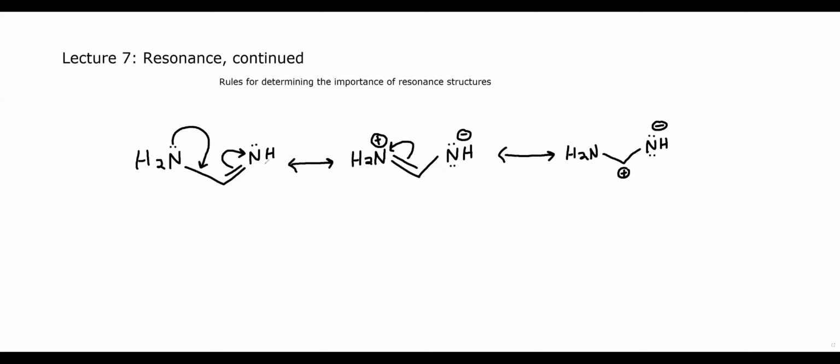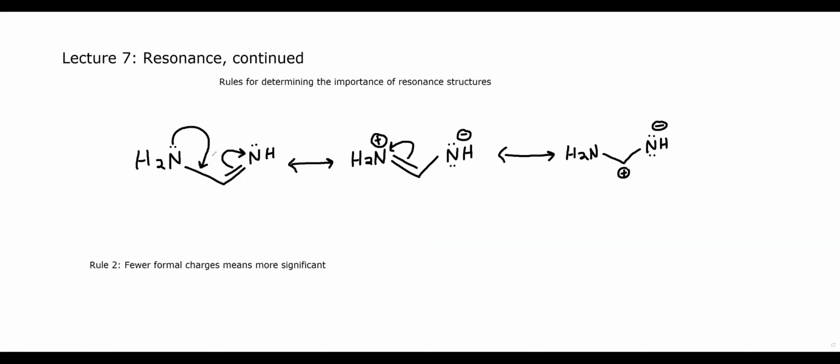Okay, so rule number 2, when we're considering multiple resonance structures like this, we want as few formal charges as possible. Fewer formal charges means a more significant resonance contributor. Okay, that's rule number 2.